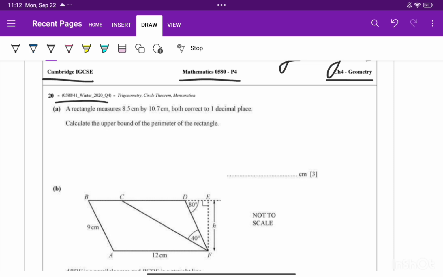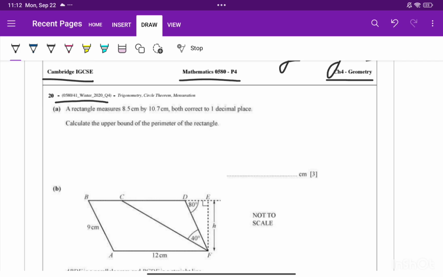Okay, so question number 20. This question has been taken from 0580 paper 41 winter 2020. So part A: a rectangle measures 8.5 centimeters by 10.7 centimeters, both correct to one decimal place. Calculate the upper bound of the perimeter of the rectangle. Okay, so this is the easiest question.